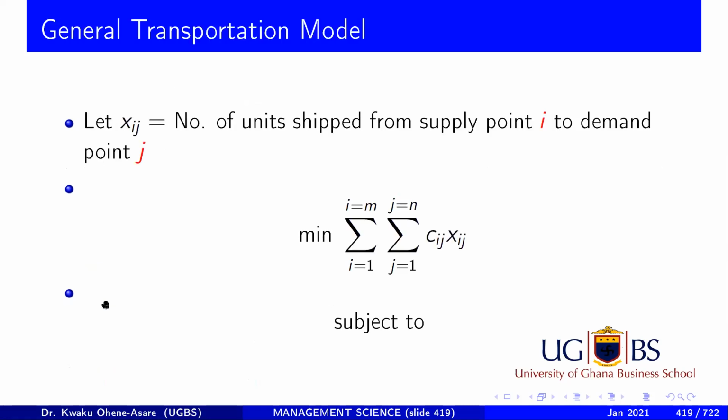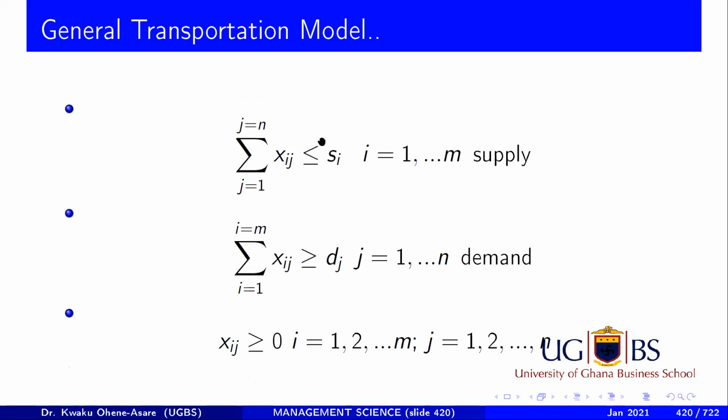So if we were to do a general transportation model, this is how it will be for minimization. We are going to minimize the sum of all the items where you have a cost multiplying each of the decision variables, subject to these constraints, where the supply is this one here.